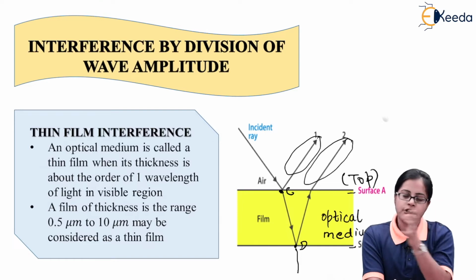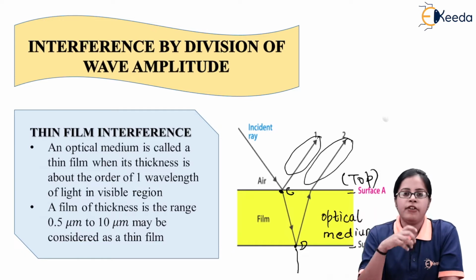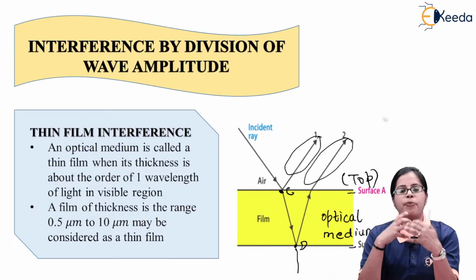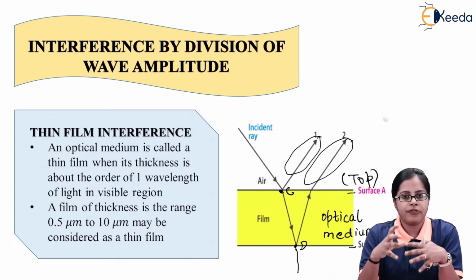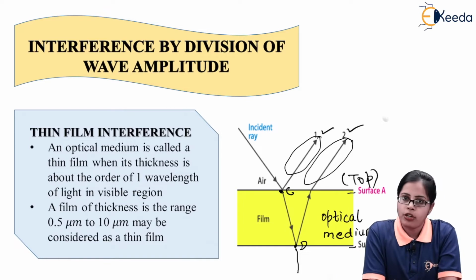So instead of preferring the decreased intensity, we prefer the intensity which is visible, and the properly visible intensity of reflected light is obtained from the first two reflected rays, 1 and 2.